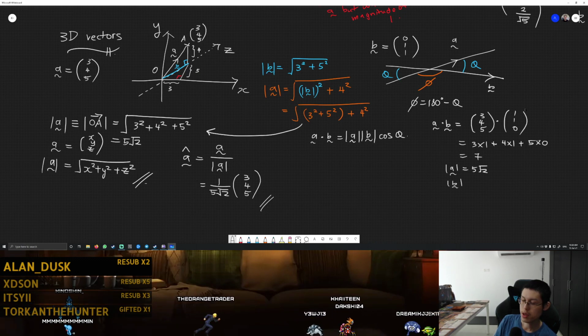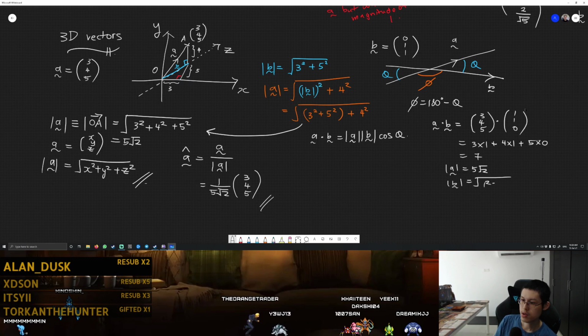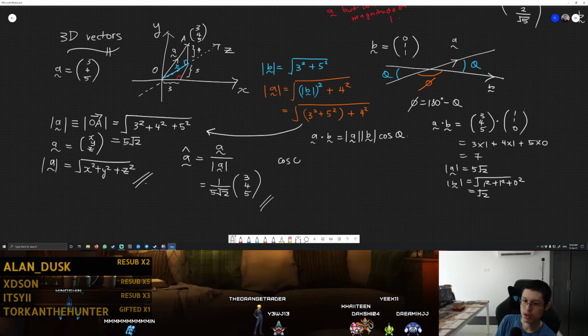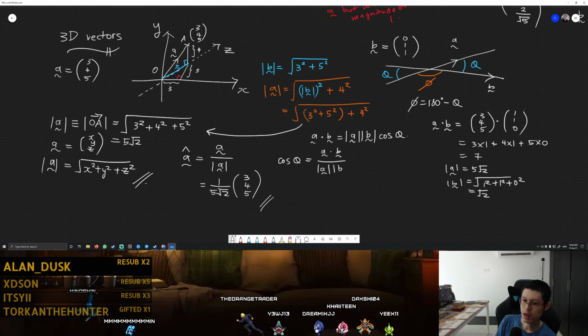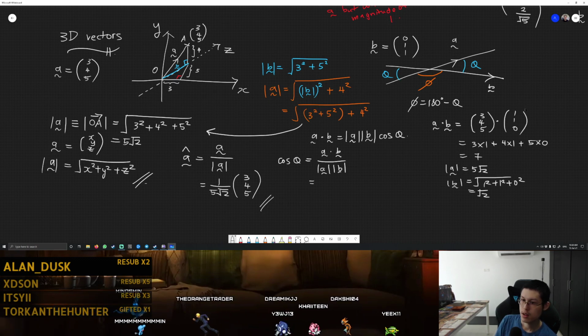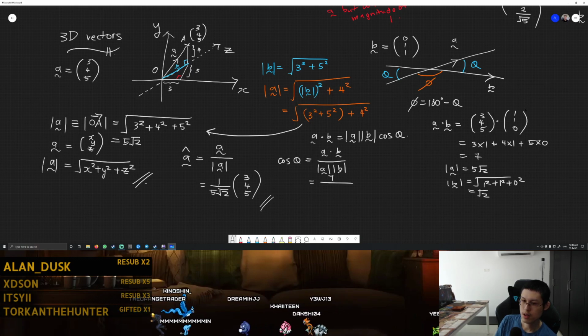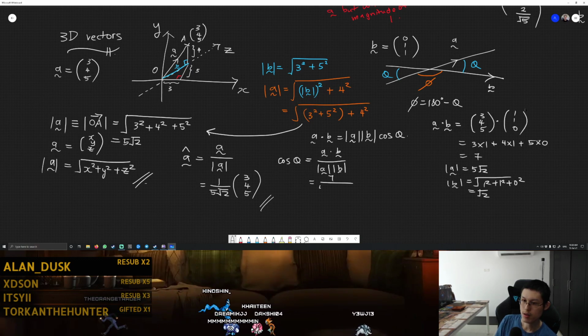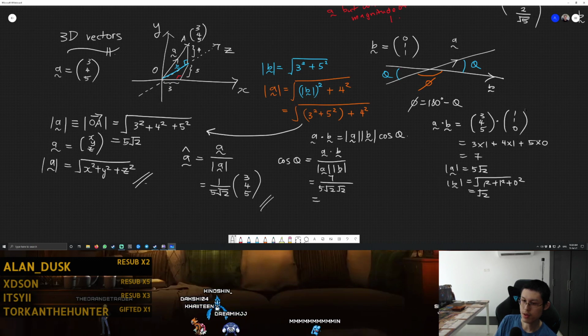The magnitude of B is going to be 0 squared plus 1 squared plus 1 squared, which is square root of 2. Cool. So cos theta is going to be A dot B over magnitude of A times magnitude of B. That'd be 9 over 5 root 2 times root 2, which is 10.